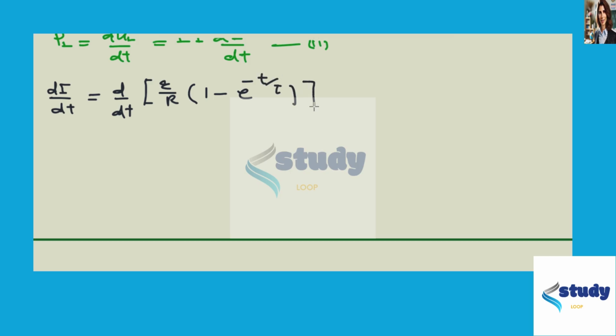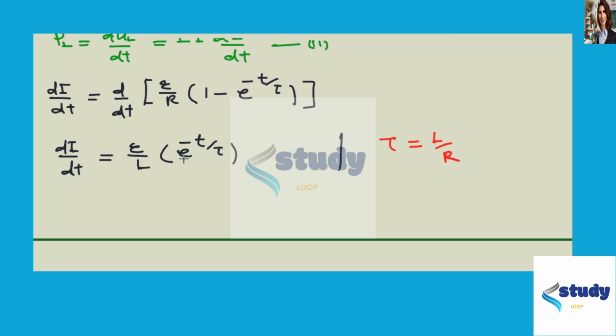So this derivative gives us di divided by dt is equal to E divided by L into e raised to the power minus t divided by tau. Here we have used the equation for the time constant, tau is equal to L divided by R.